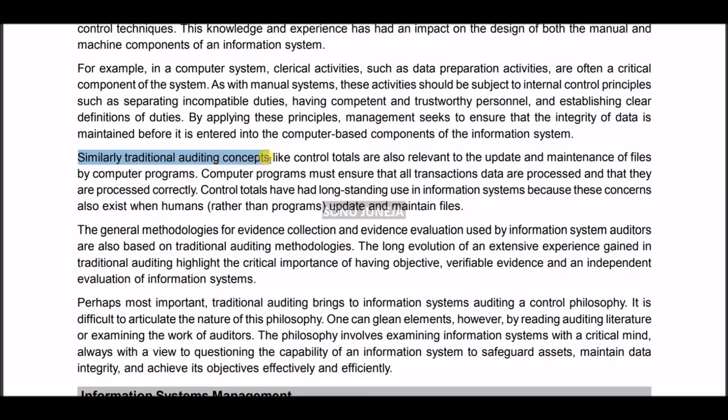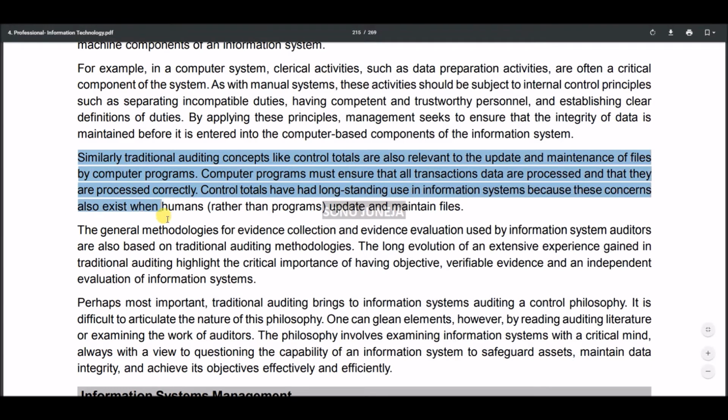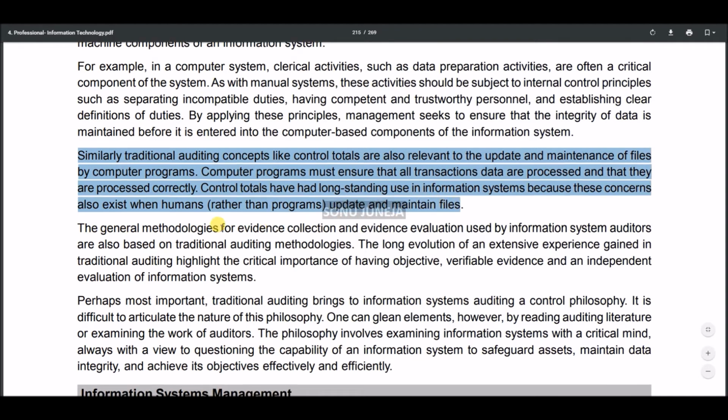Similarly, traditional auditing concepts like control totals are also relevant to the update and maintenance of files by computer programs. Computer programs must ensure that all transaction data are processed and that they are processed correctly. Control totals have had long standing use in information systems because these concerns also exist when humans rather than programs update and maintain files.